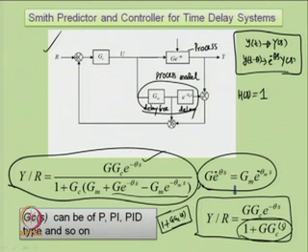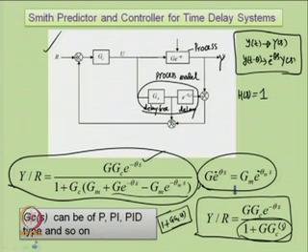Now, how do we get this one? Detailed derivations can be easily obtained. Look at the signals: output y, control output u, reference input r.